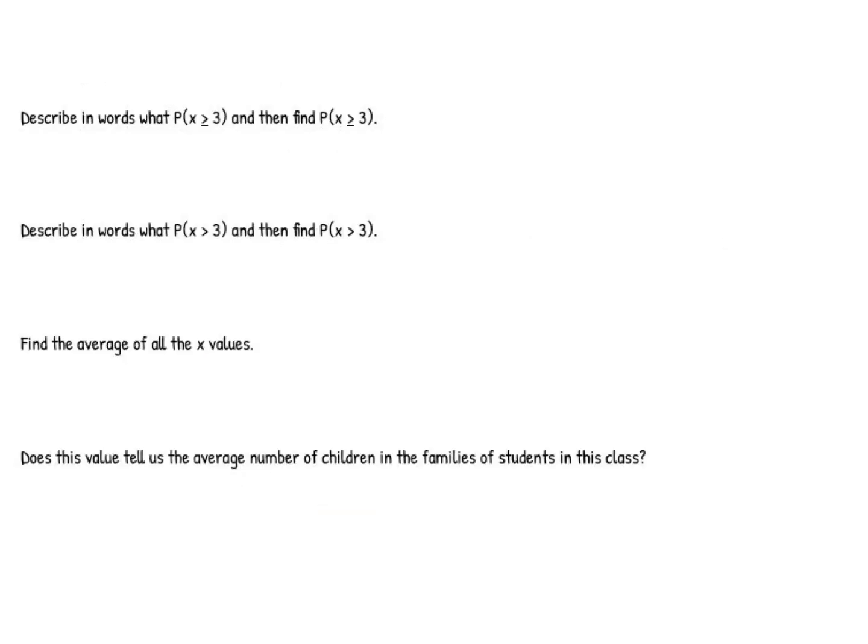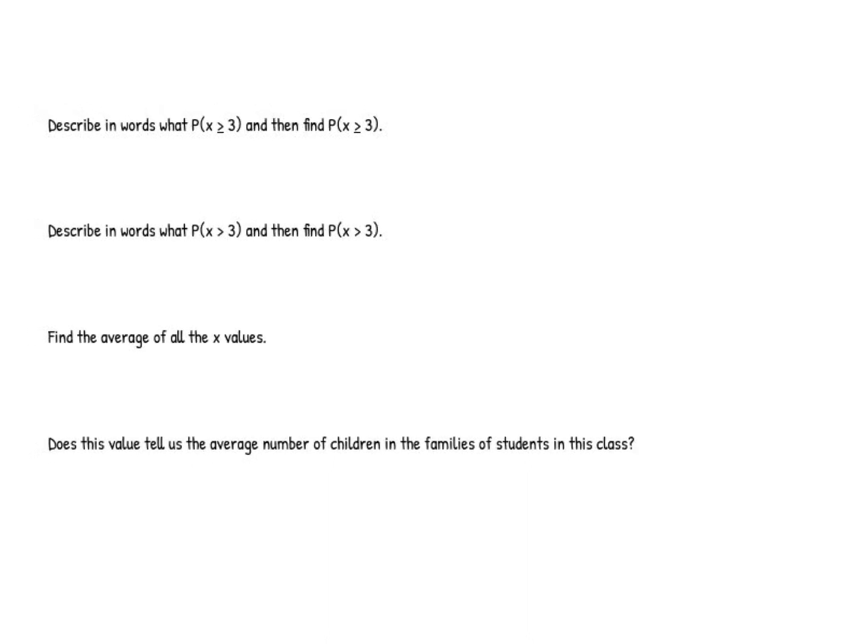Describe in words what the probability of x greater than or equal to 3 is, and then find it. So in our distribution, x is the number of children. So the probability of x greater than or equal to 3 is the probability that you have 3 or more children in the family.